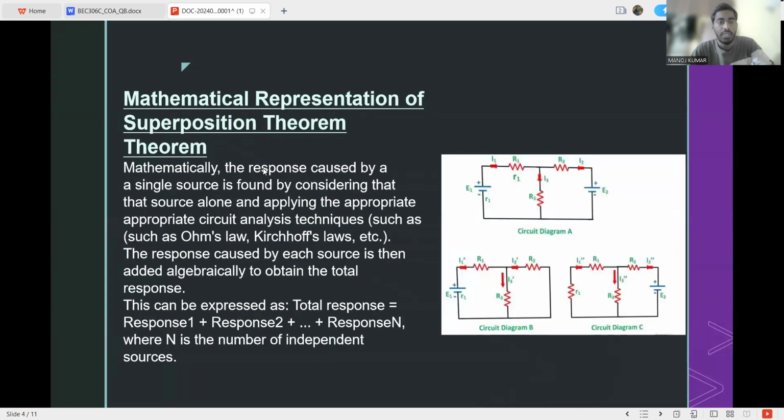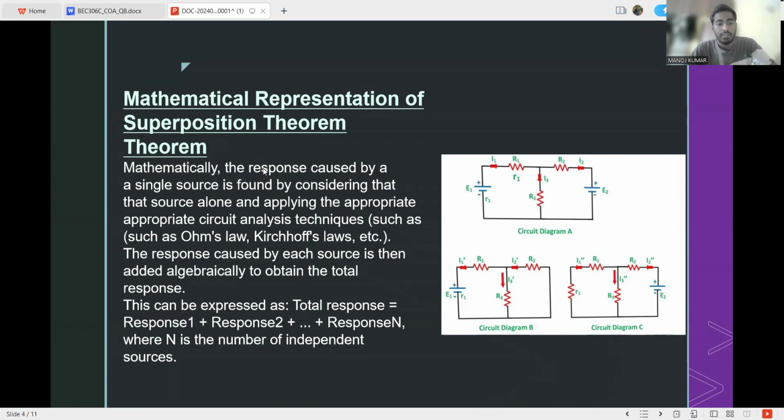Next, mathematical representation of superposition theorem. Mathematically, the response caused by a single source is found by considering that source alone and applying circuit analysis techniques such as Ohm's law, Kirchhoff's law, etc. The response caused by each source is then added algebraically to obtain the total response.